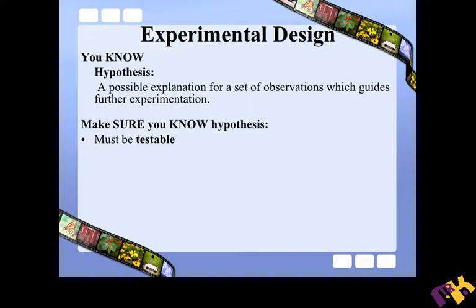Right? If what you are suggesting as a connecting piece, or as an explanation, is not testable, then you probably are not in the realm of science and a study of the natural world, right? The existence of spookies. How are you going to test that?